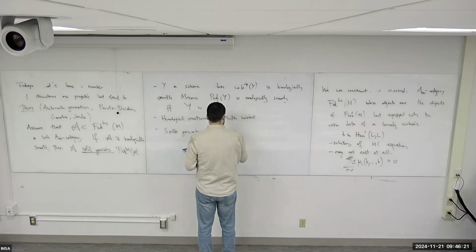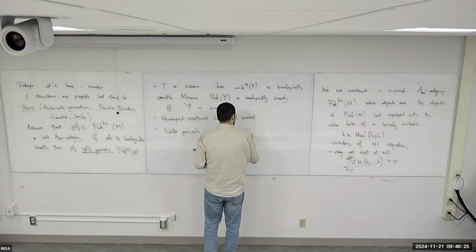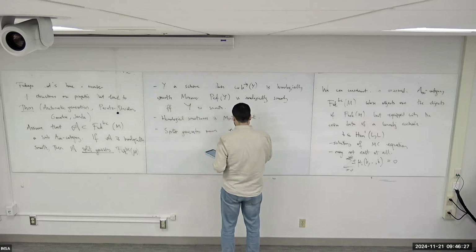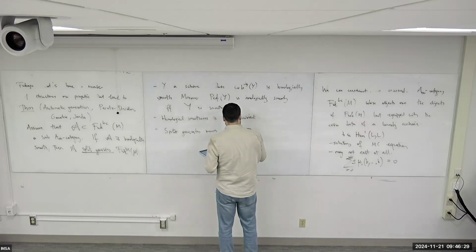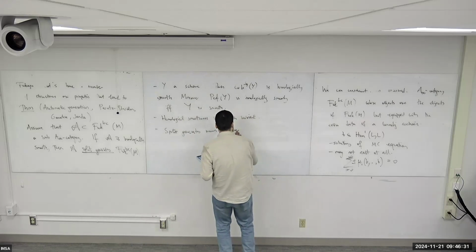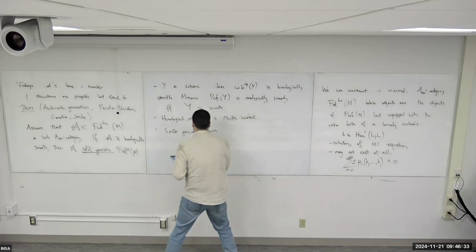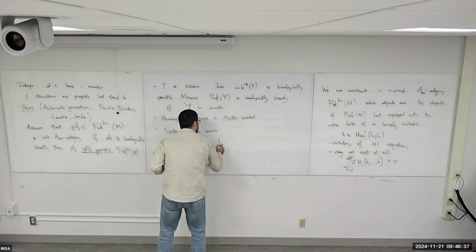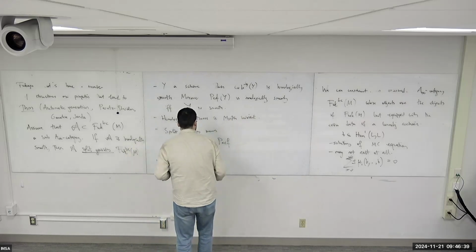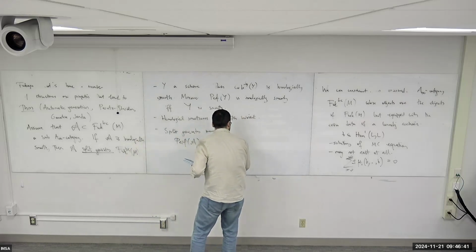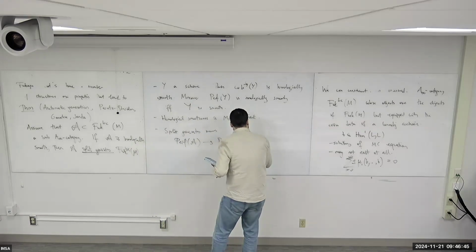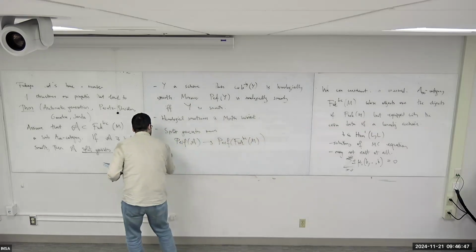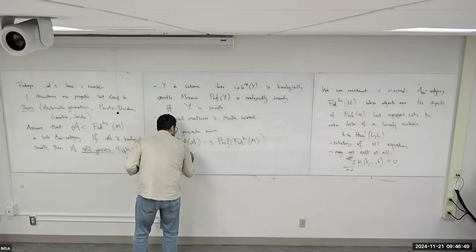It generates, so every perf A, perf, and is a quasi-equivalence.